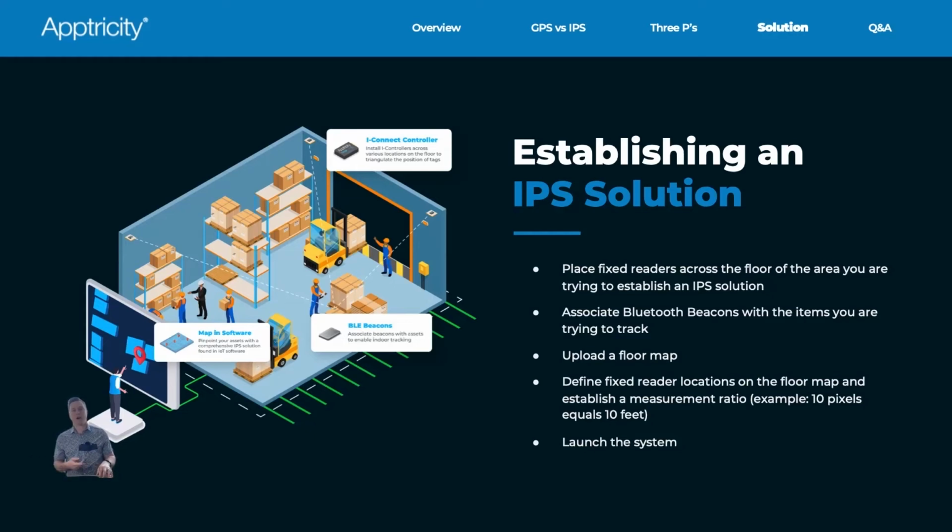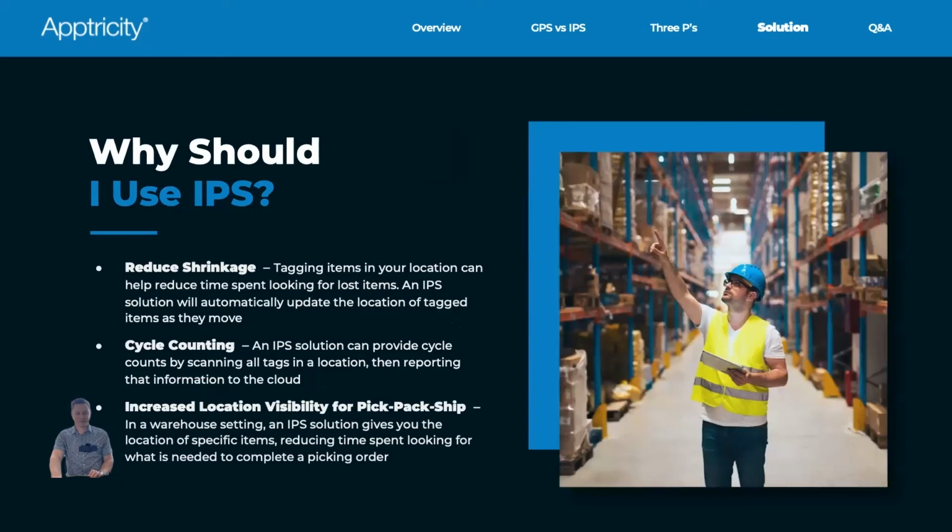You can set an auto refresh on it, and you'll be able to view the information. If you use our 8.0, our newest system, it has push mapping, which means you get those updates as they're happening. You don't have to do a refresh. All that information is pushed to the map, and you can search for your location, pull up the map, and view it all. So that's how you would set up an IPS solution.